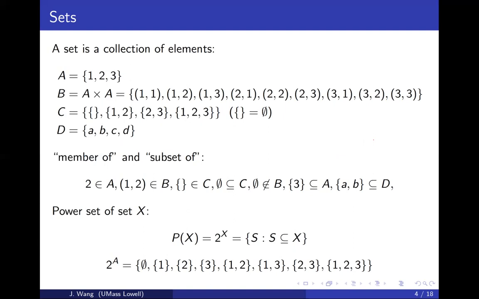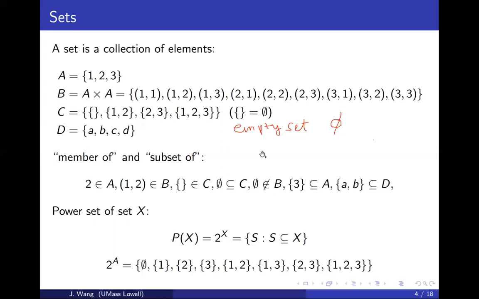This is the empty set. So sometimes we use a 0 with a slash, okay, as an empty set.